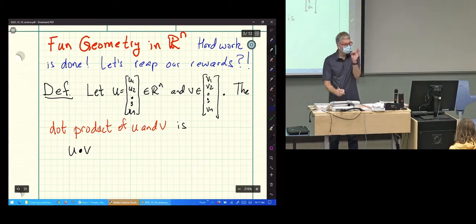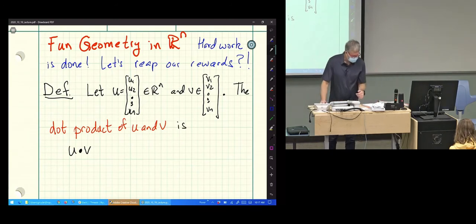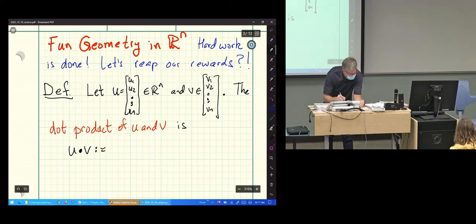So it's not the little dot that we use for A dot B to denote matrix multiplication. And this is by definition equal to the sum i equals 1 to n of ui times vi.